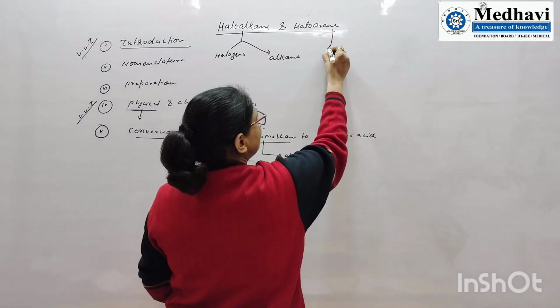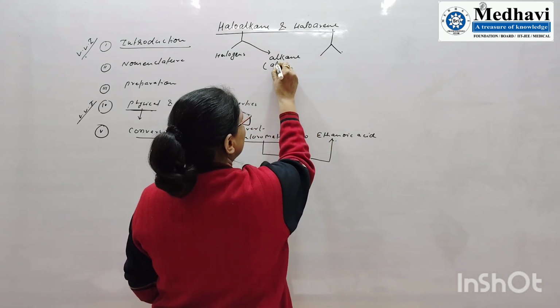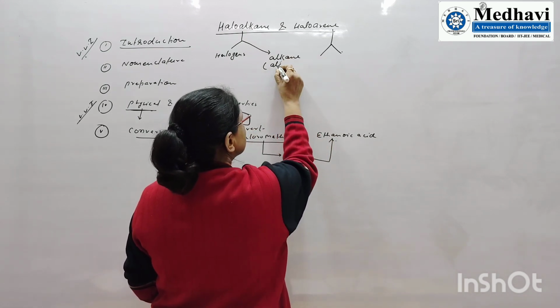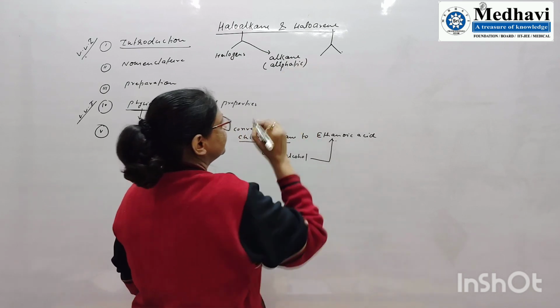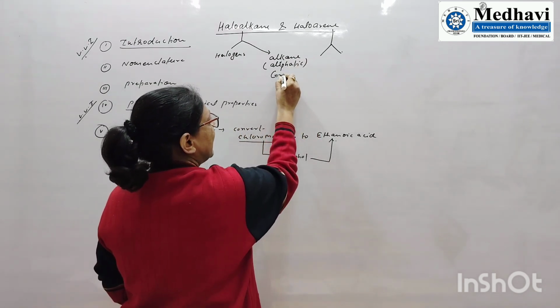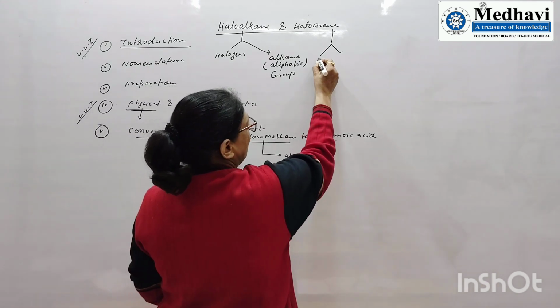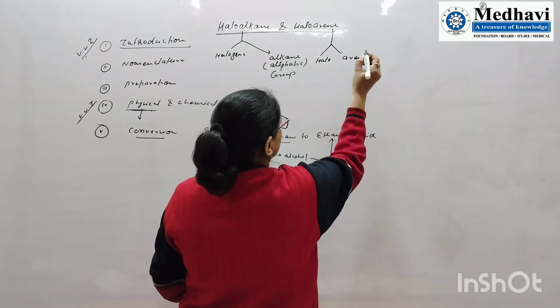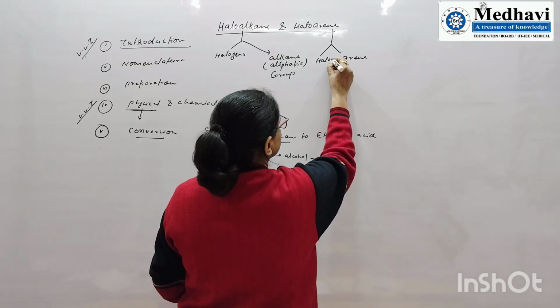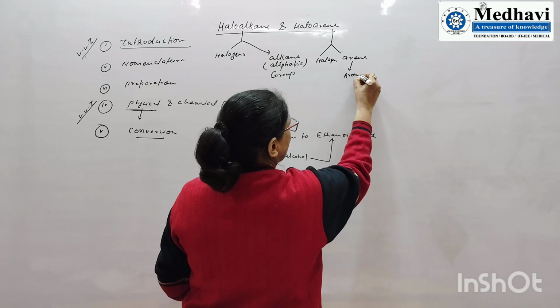Here haloarene means again halo. One thing I want to add: alkanes are also called the aliphatic group. Very important, aliphatic group. And haloarenes means halo group and arene, so halogens and here aromatic. This is the aromatic group.